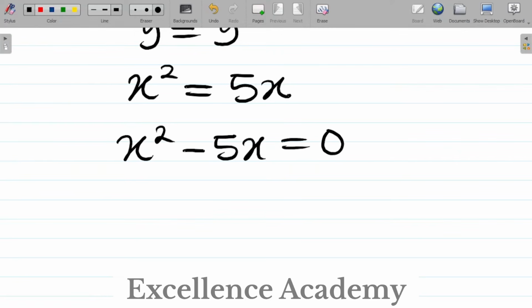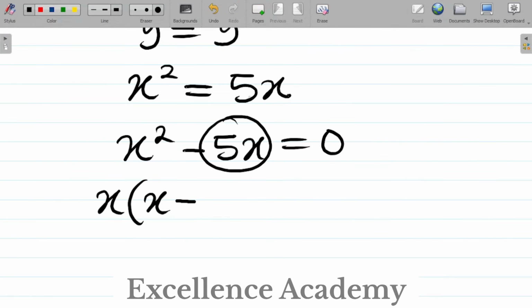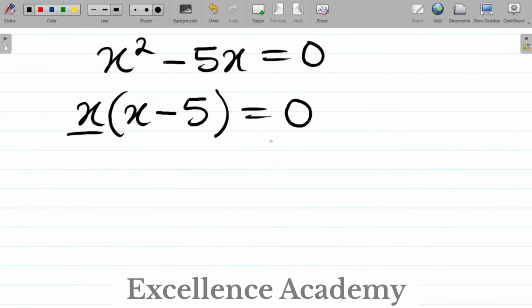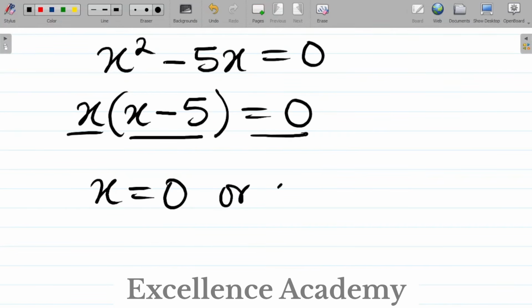At this point, we can factorize x. X² divided by x gives you x, minus 5x divided by x gives you 5. So x(x - 5) = 0. From here, obviously, we can say that, take the first one, x = 0, or take the term in bracket, x - 5 = 0.